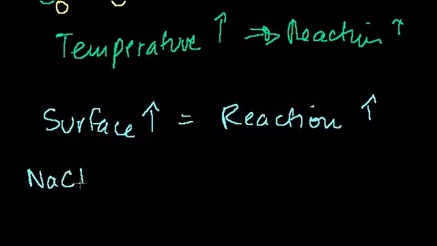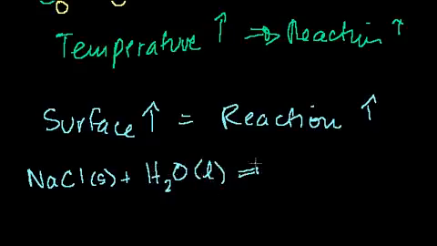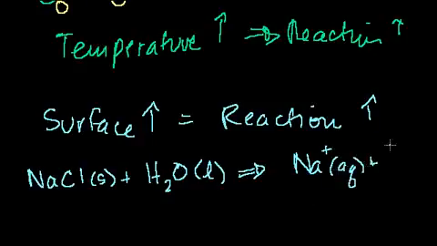Sodium chloride, solid salt, plus liquid water leads to, well, we could think of it a lot of different ways, but we could think of it as sodium cations aqueous plus chloride anions aqueous. So it gets dissolved. And how does that happen?